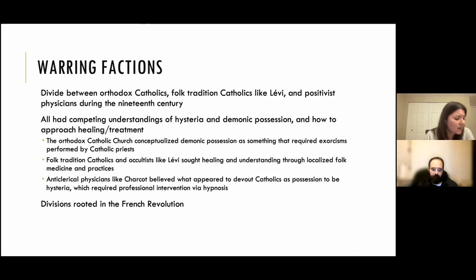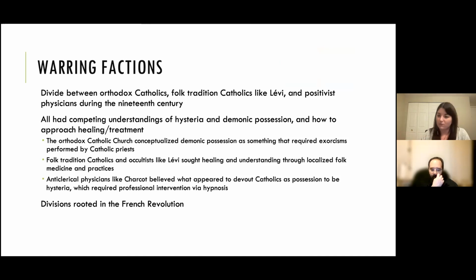And we see this divide being really influenced by competing understandings of hysteria and demonic possession, and then how to approach healing or treatment. So just in a nutshell, the Orthodox Catholic Church understands demonic possession as something that requires exorcisms performed by Catholic priests, whereas folk tradition Catholics and occultists like Levi look for healing and understanding through localized folk medicine and practices.